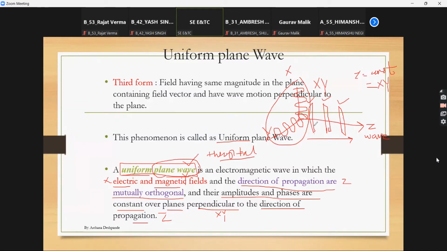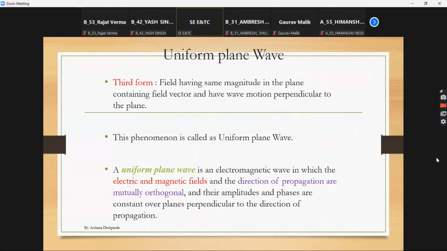We are talking about a very ideal, good boy, as you say, a very good wave, in which there are no flaws. But no boy and no girl is very much good. We are a package having some positive points and negative points. Similarly, the wave also has some positive and negative parts, which we are going to consider later. So this was our good wave, ideal wave, which is called a uniform plane wave.